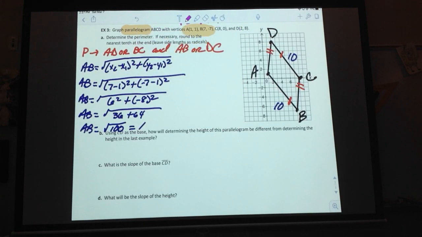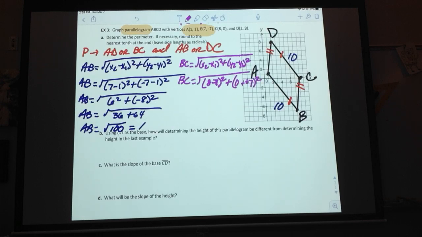Now, let's do the next one. I want BC. B to C. You got it. The square root of x2 minus x1 squared plus y2 minus y1 squared. B to C. Difference of x's. 8 minus 7 squared plus, I started with 8, so I'm going to go 0 minus a negative 7 squared.